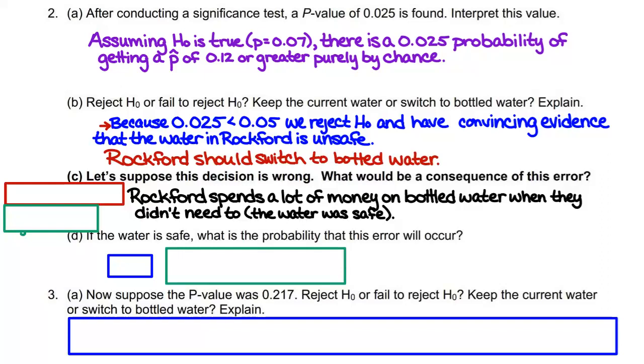They switched to bottled. This is what is known as a type 1 error. In a type 1 error, you reject the null, but the null was actually true. So in a type 1 error, you reject the H0, but the H0 was true.